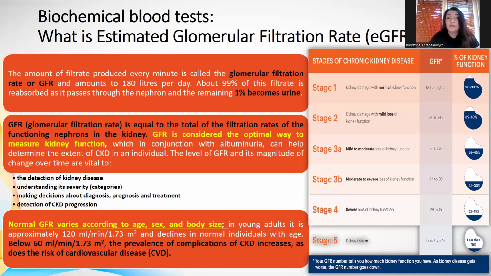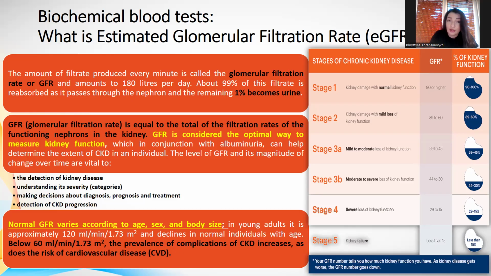The amount of filtrate produced every minute is called the glomerular filtration rate, or GFR, and amounts to 180 liters per day. About 99% of this filtrate is reabsorbed as it passes through the nephron, and the remaining 1% becomes urine.